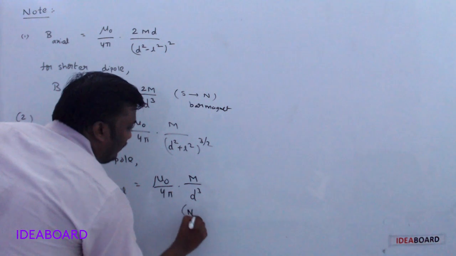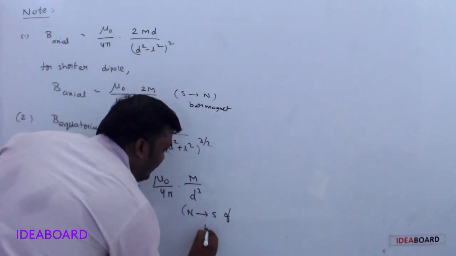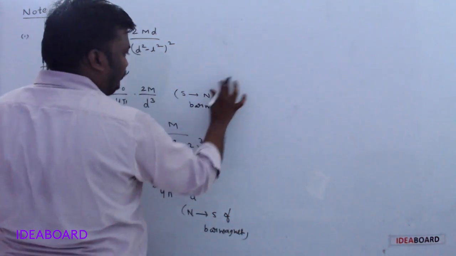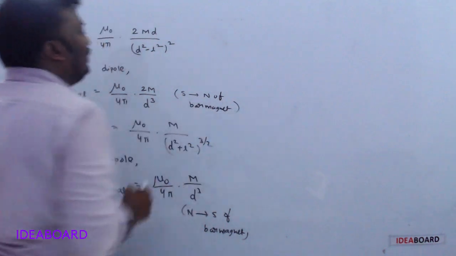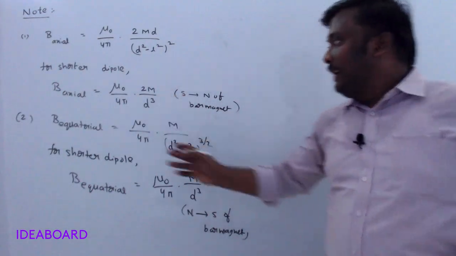Its direction is north to south pole of the bar magnet. So these are the formulas we have explained until now.